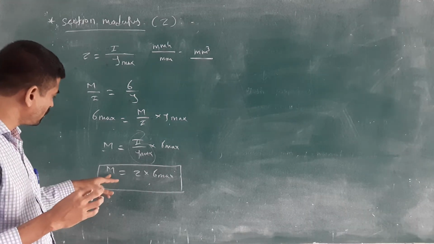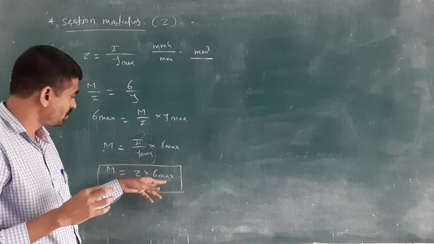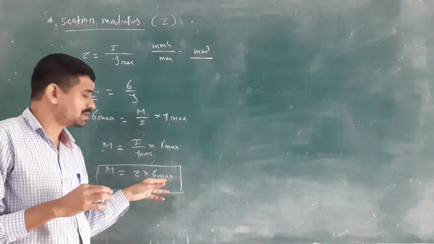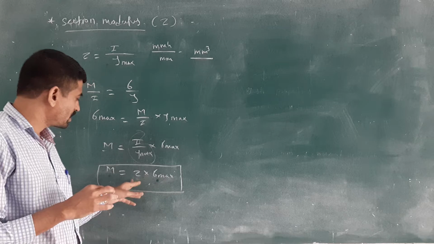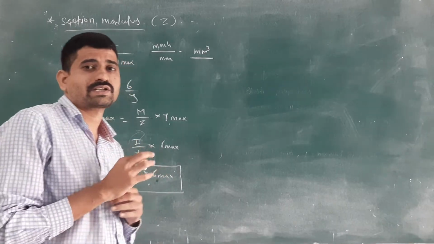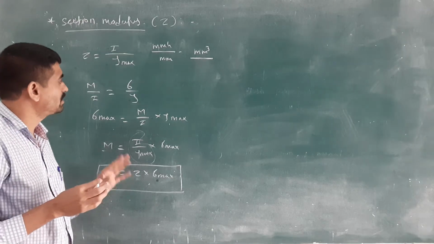You can calculate the moment of resistance here, and also the maximum bending stress induced in the given component. So this Z represents the strength of the section.